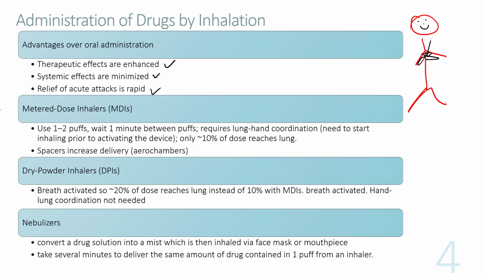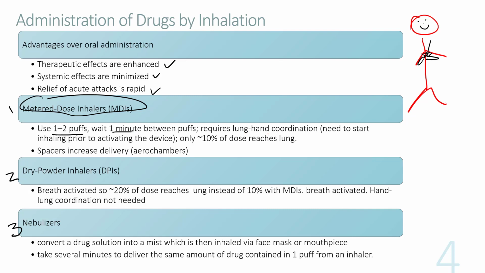So there's three different types of ways to administer drugs by inhalation. The most common one is metered dose inhalers. So these are typically called puffers. So basically 1 or 2 puffs, wait 1 minute between puffs, but it requires lung-hand coordination.